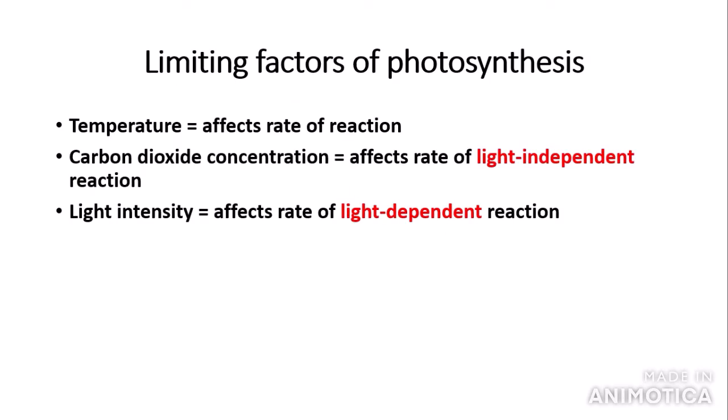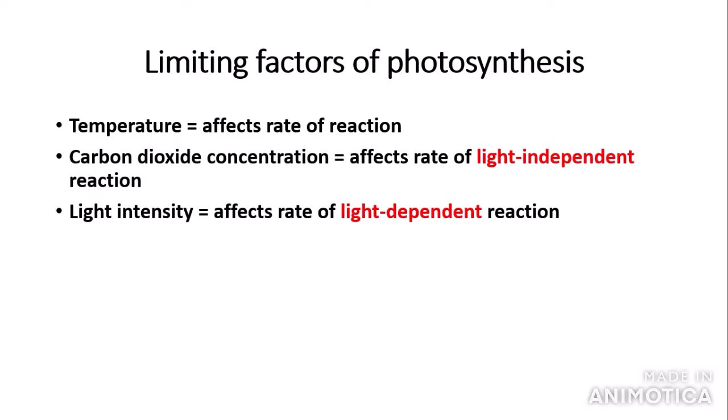So there are limiting factors of photosynthesis, which are factors that affect the rate of photosynthesis. The first limiting factor is temperature, as this affects the rate of reaction and enzymatic activity. Then we have carbon dioxide concentration, which affects the rate of the light-independent reaction, so it affects the reaction between carbon dioxide and ribulose bisphosphate.